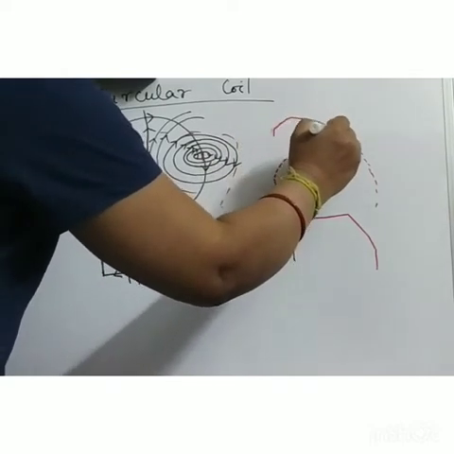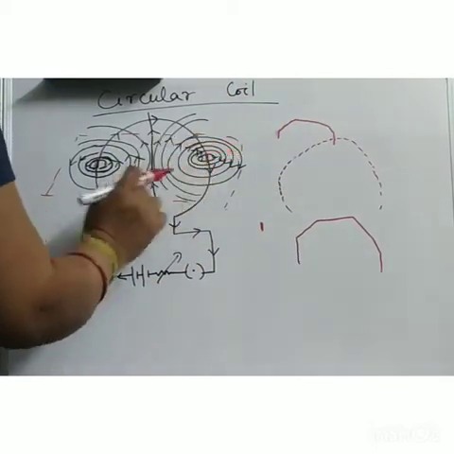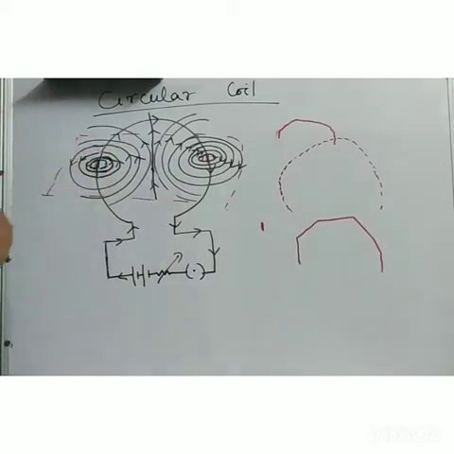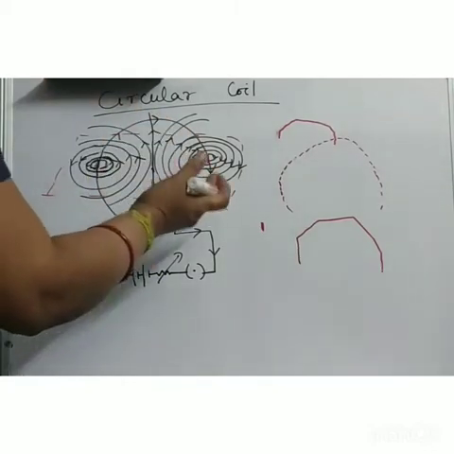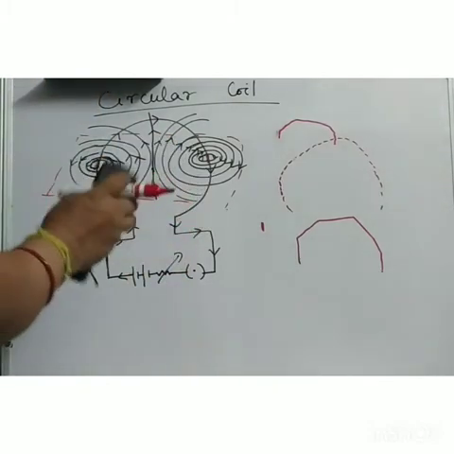So it will go on like this. That means each part of this circular coil is like a straight wire. And if it is like a straight wire, we can easily find out the magnetic field.